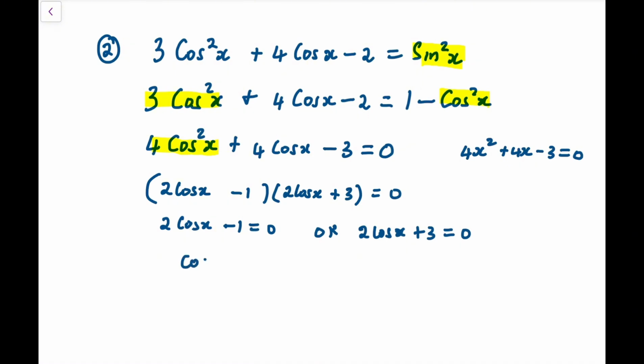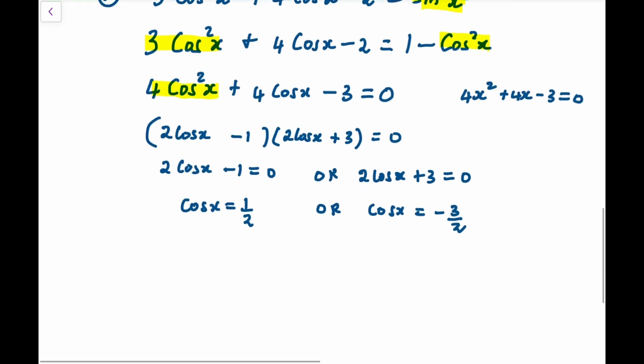So we are going to have cos x is equal to 1 over 2, or cos x is equal to minus 3 over 2. And then now we are doing general solution for cos. So you need to remember that x will be plus or minus.